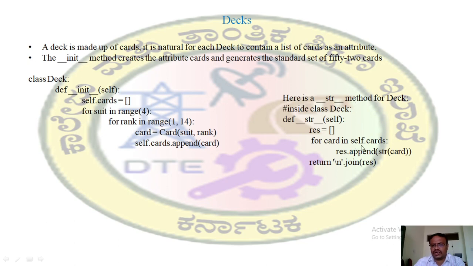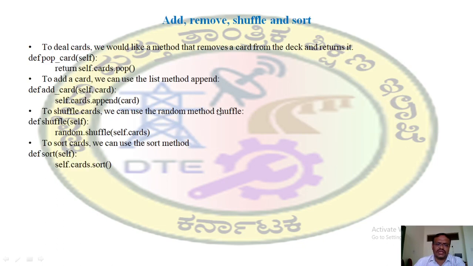For each card in the deck we are looking at the card and putting it into the result. That is how you can use the string method to generate the cards and place them in the deck.